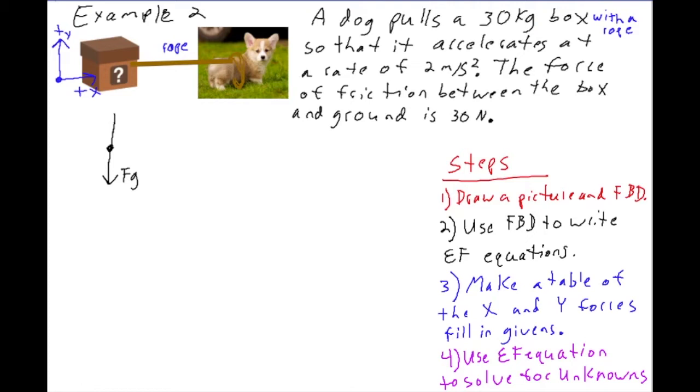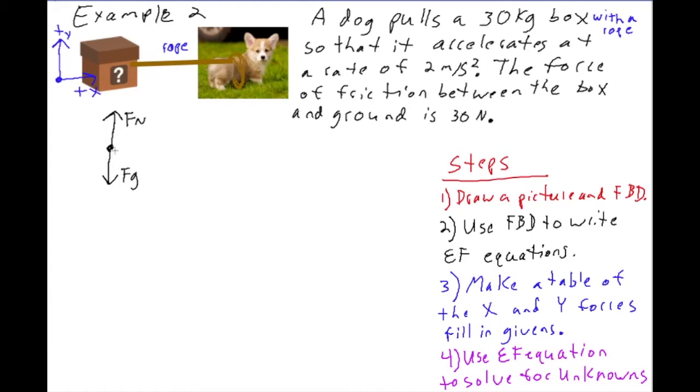I know that force normal and force gravity are the same size because I know that this box is not accelerating in the y direction. It doesn't tell me that in my problem. It does say that the box experiences an acceleration at a rate of 2 meters per second squared, but it's because the dog is pulling it. We can see that the dog is pulling it to the right here, so we know that it's not experiencing an acceleration up or down.